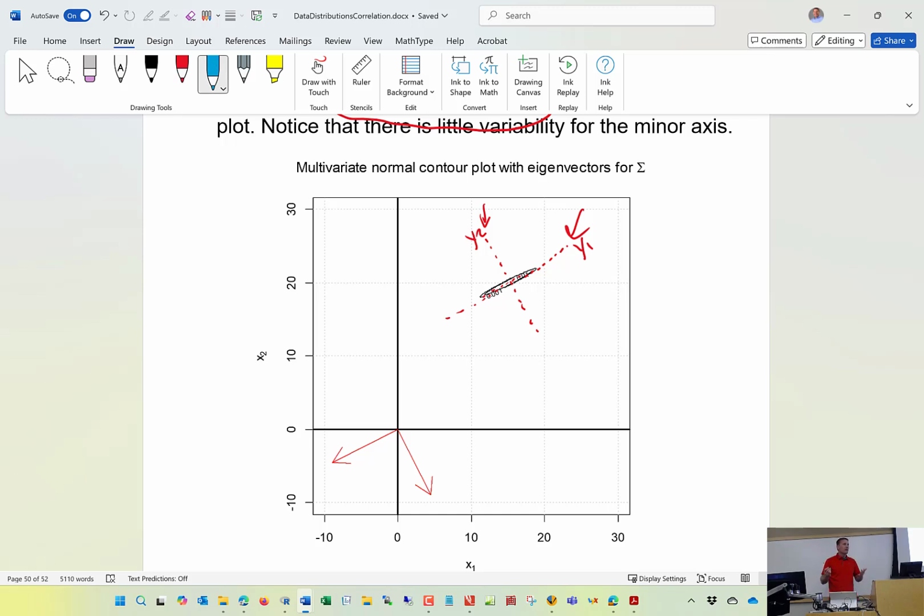Where would I expect most of my data values to fall? Their y2 isn't really going to change. It's only the y1. So what this says to me is that if I want to think of this as a data problem and I want to understand my data better, I can essentially reduce this from a two-dimensional problem to just a one-dimensional problem. Okay? That's very, very, very important.